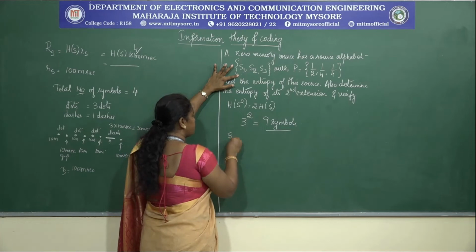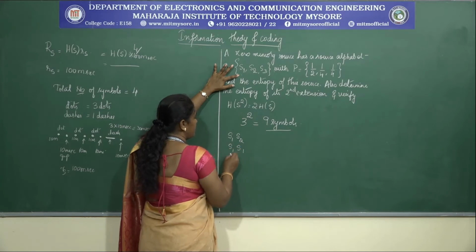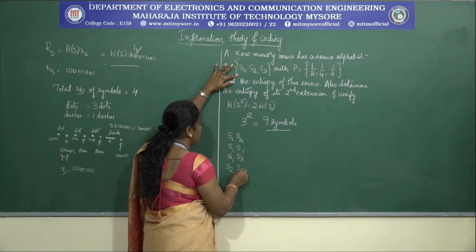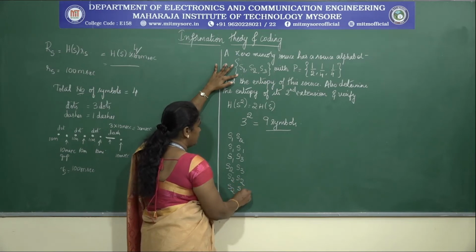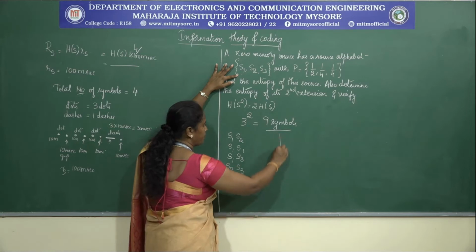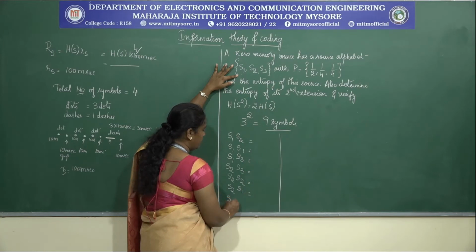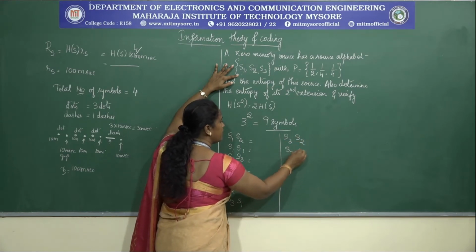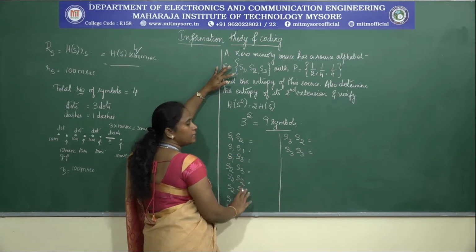I can consider S1 S1, S1 S2, S1 S3, then S2 S1, S2 S2, S2 S3, similarly S3 S1, S3 S2, and S3 S3. So totally we have 9 source symbols.